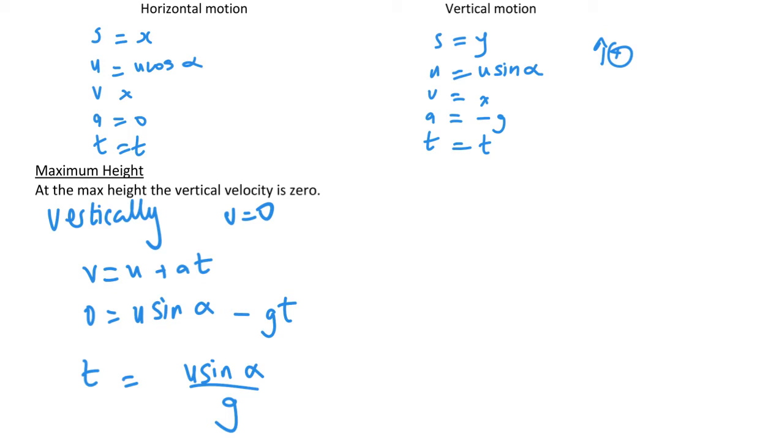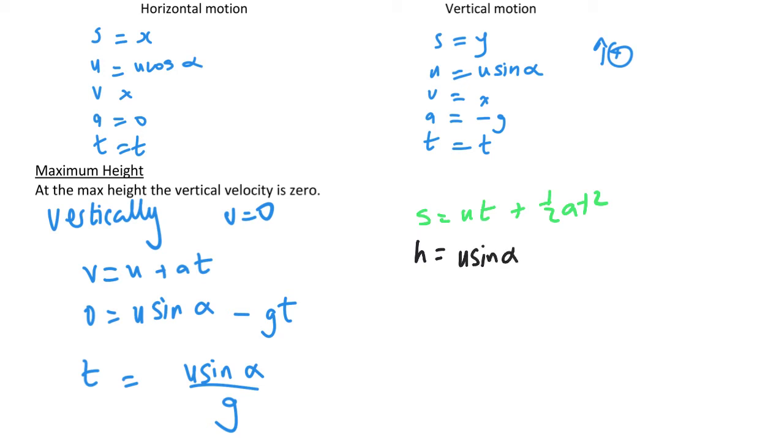Now to work out the actual height, again using our vertical motion equation for s, we have that s equals ut plus a half at squared. This time we're looking for h, the height. So h is going to equal u sine alpha times t.